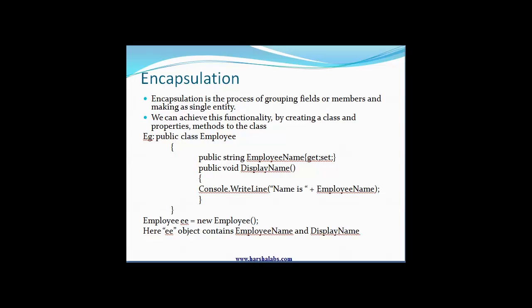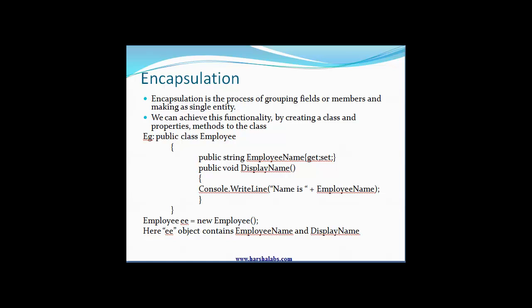Encapsulation is a process of grouping fields or members and making them a single entity. We can achieve this by creating a class with properties and methods. In the previous example we created the Employee class. The same way here, I created public class Employee with one property and one method.